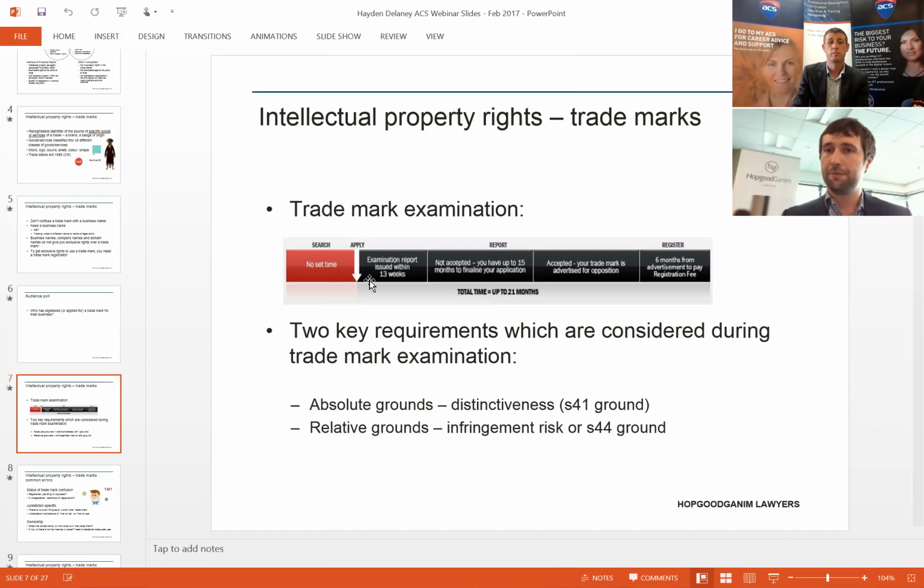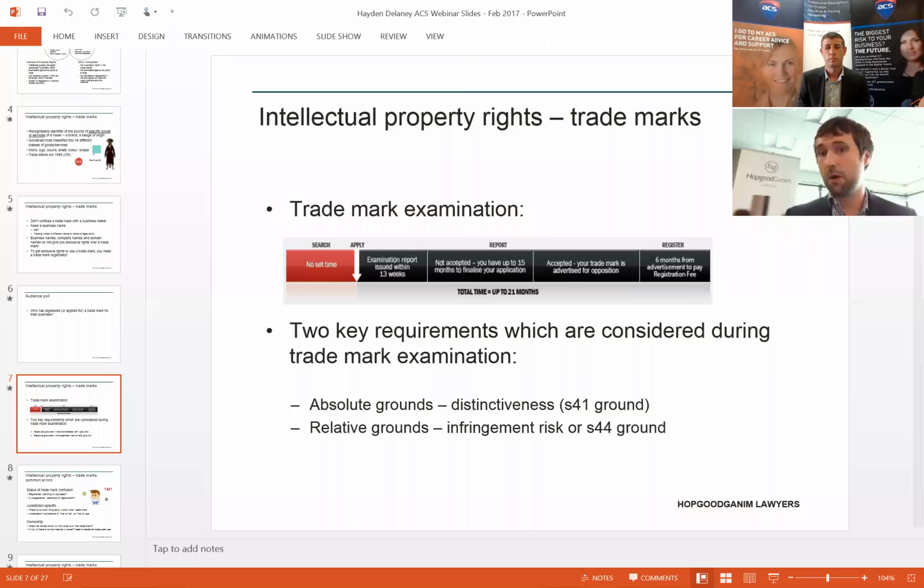The date you apply for a trademark is your priority date, and the importance of that is that any third parties who subsequently use a name or a logo that is similar or identical to yours after that priority date in relation to the same or similar services as your business, your priority date will, as the name implies, take priority over their usage.